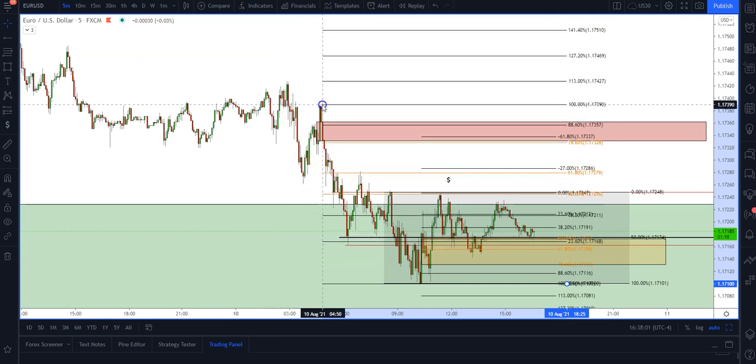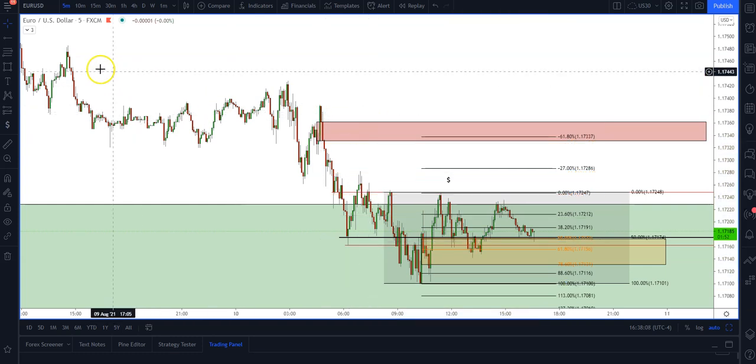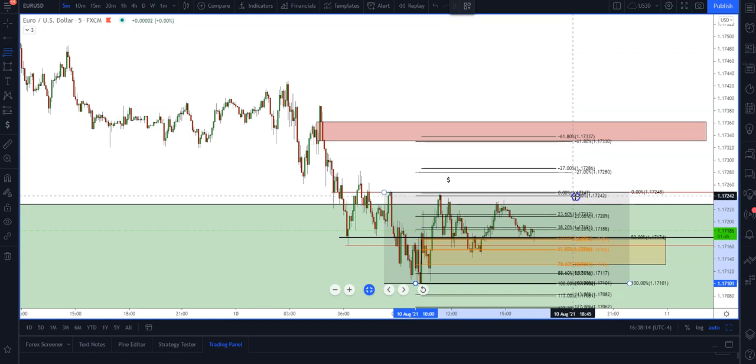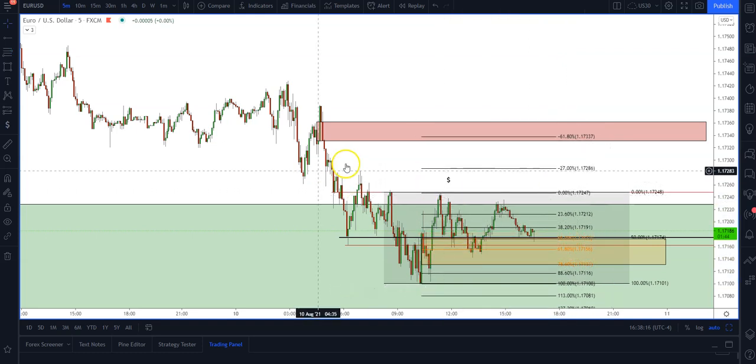Yep, 50%. So we have 50%, and we have a 61%. See, it's still rejecting off that zone. So we have the 50% and the 61%.